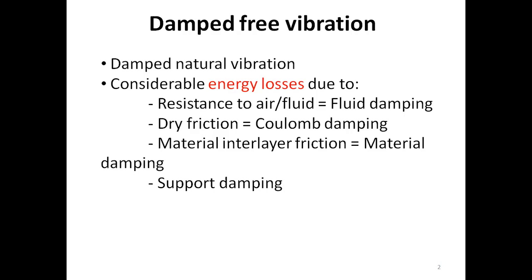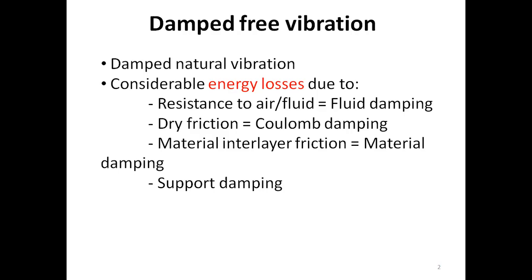The other type of energy loss or damping that occurs in the system is classified as material damping, and this happens inside the material of the system, because as the system is vibrating, the material is deforming.